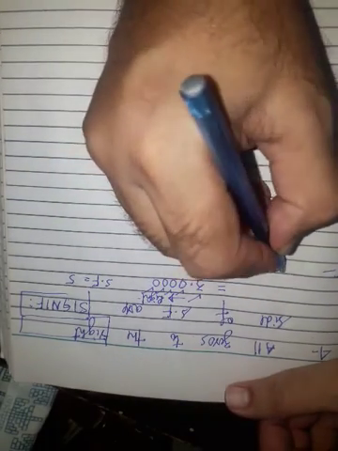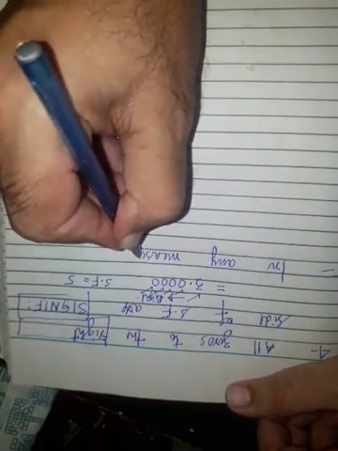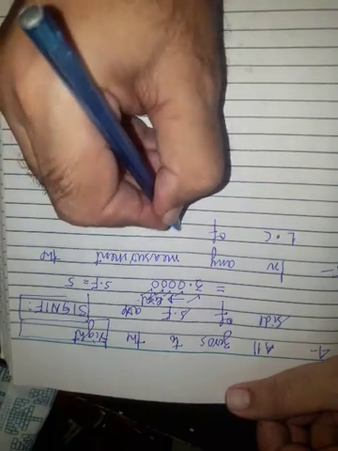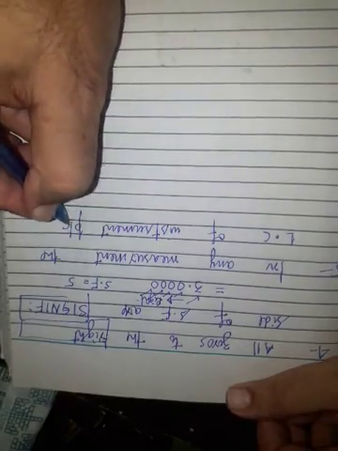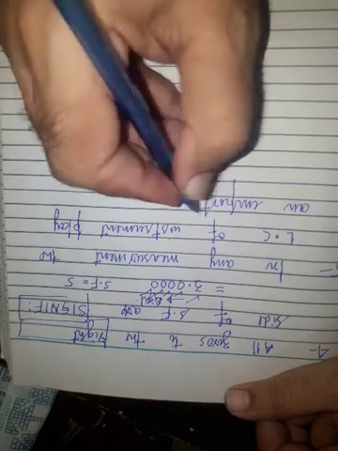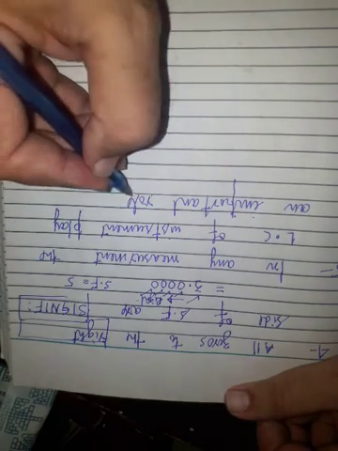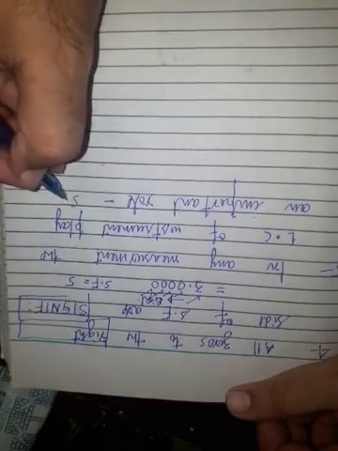Now rule number 5. In any measurement, the least count of the instrument plays an important role related to significant figures.